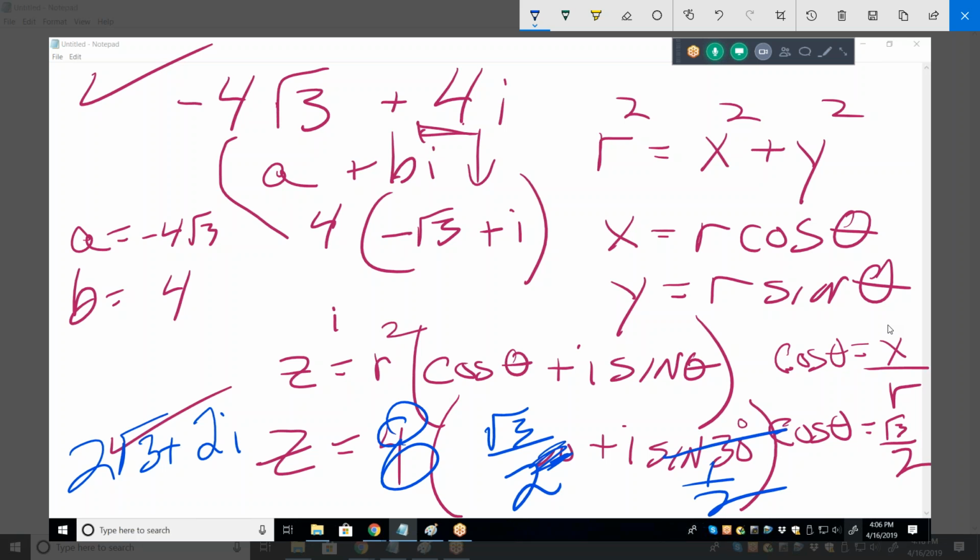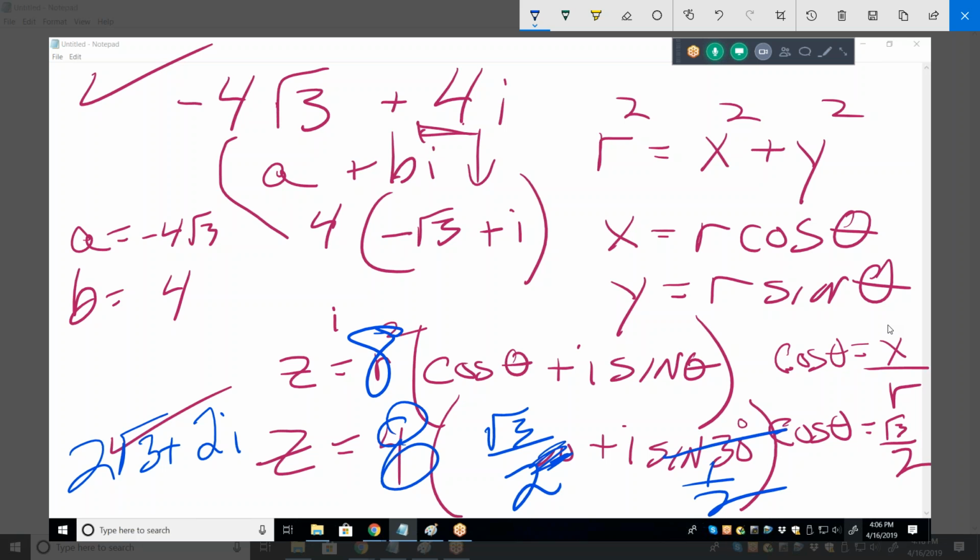Question is, how did we get that? In other words, the answer is 8. Actually, I'm not sure what they want. Do they want theta or do they want the angle that is theta?